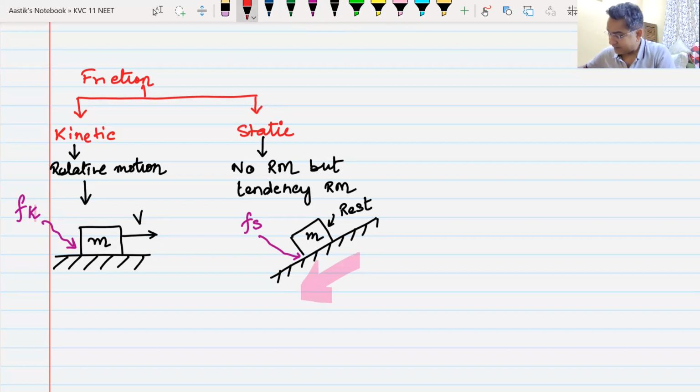It has a tendency to go down, but it is not going down. There is no relative motion. The friction that comes in this case is known as static friction. Do we understand this? Yes or no?